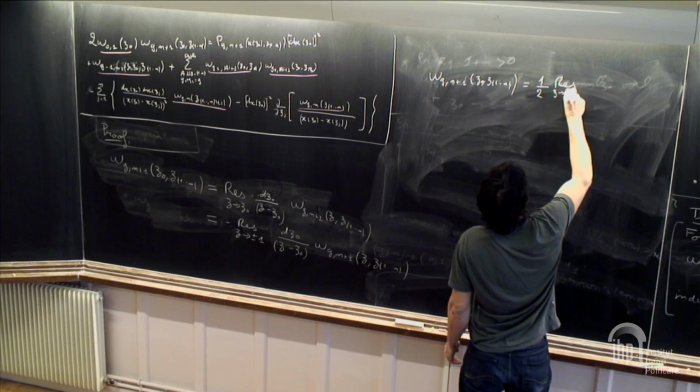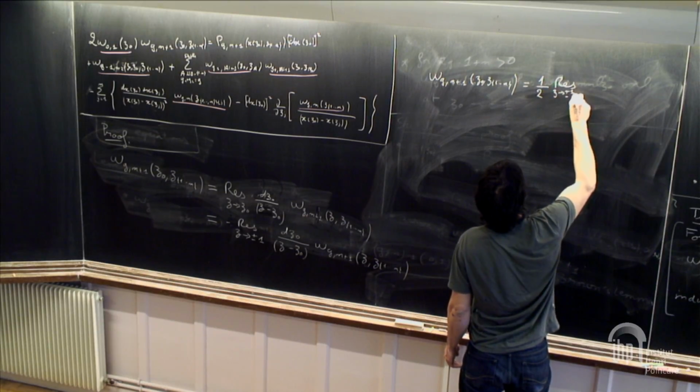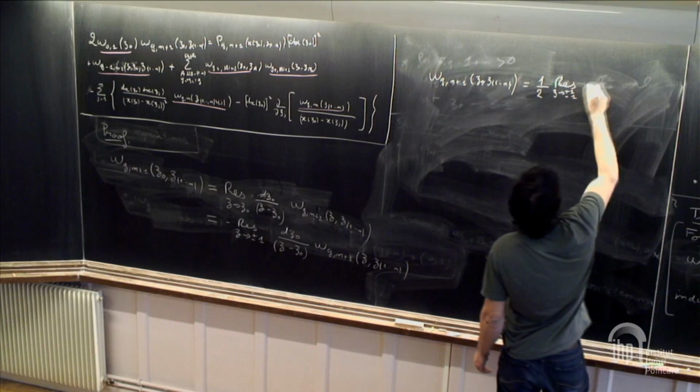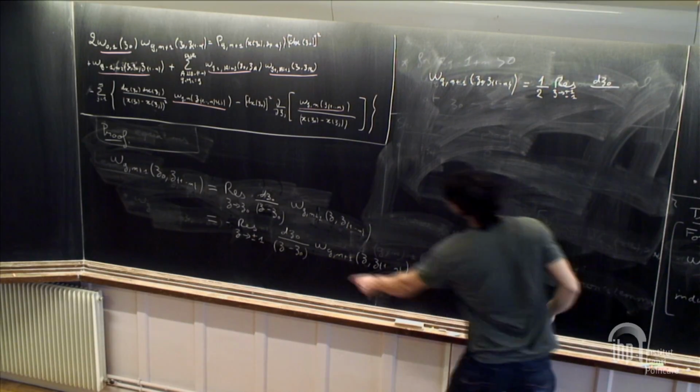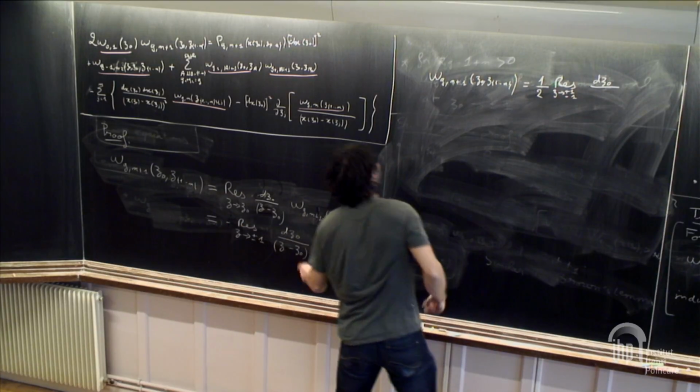1/2 residue when z goes to plus 1 and minus 1 of, and here I've got two terms, dz0 divided, so the first one is this one. I put the minus sign inside.